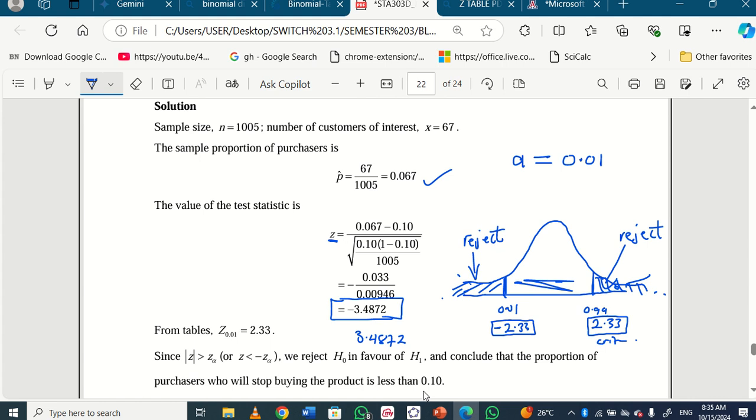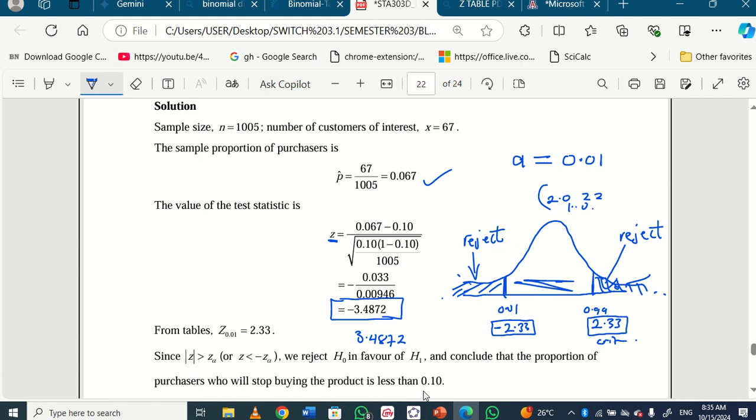Therefore, if let's say the calculated z value was to be somewhere around 2.0 or 2.2 or 1 point something, then you could see that all these values are within this region. Therefore, we will fail to reject.